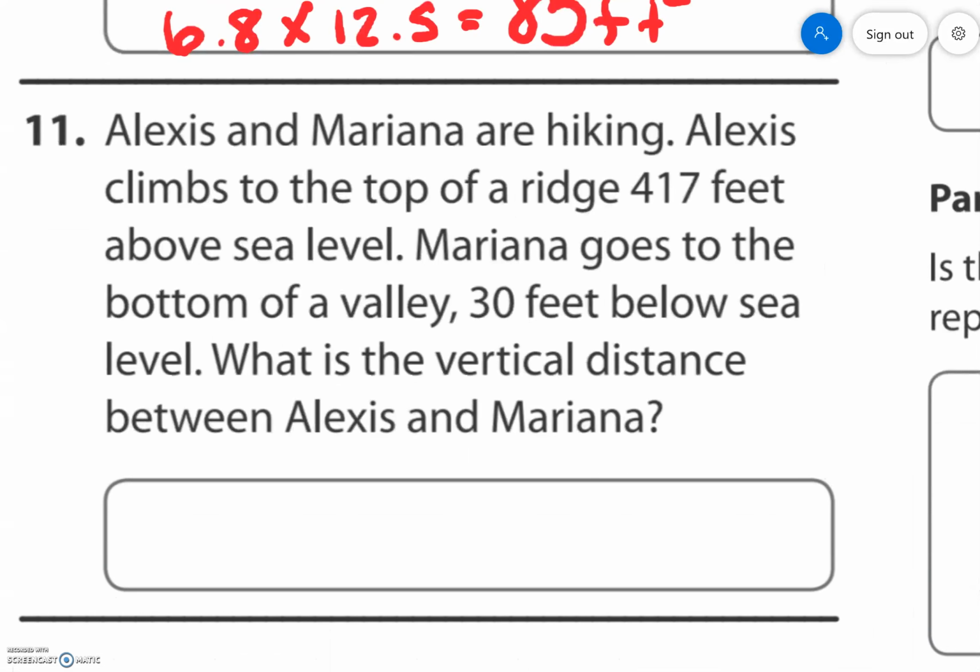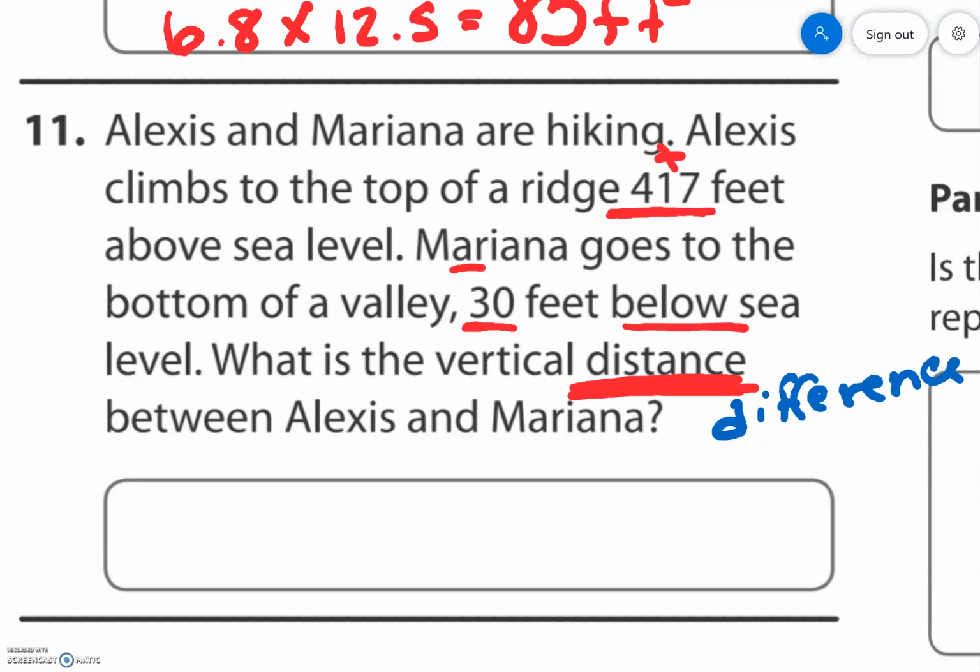Alexis and Mariana are hiking. Alexis climbs to the top of the ridge 415 feet above sea level. So above sea level, that's going to be positive. Mariana goes to the bottom of the valley 30 feet below sea level. So that's going to be negative. What is the vertical distance? Here is distance again. Whenever you see distance, I want you to think difference.